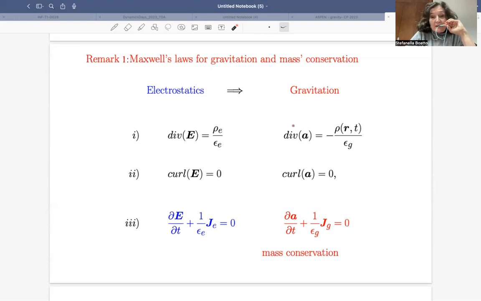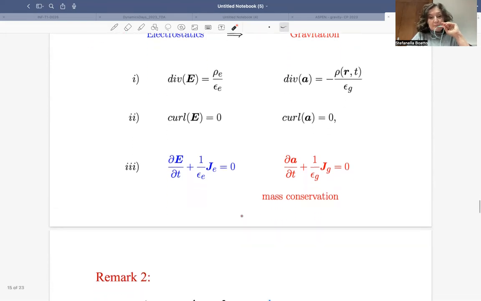The only difference is the sign, because we know that in electrostatics two equal charges repel, and here they attract. So the difference is in this sign, okay? And of course, classically, we also have conservation of matter that is expressed by a third equation.